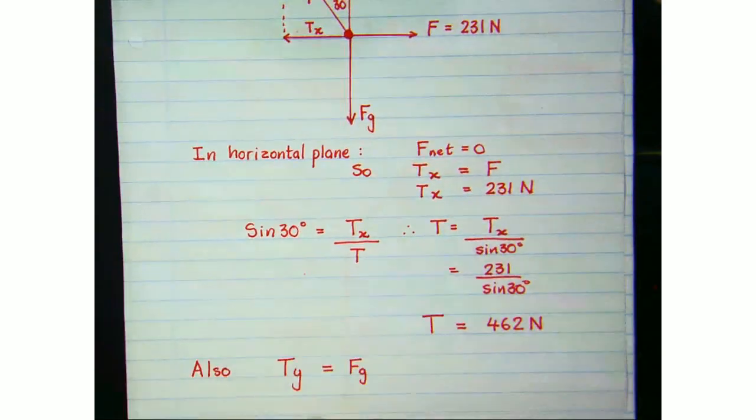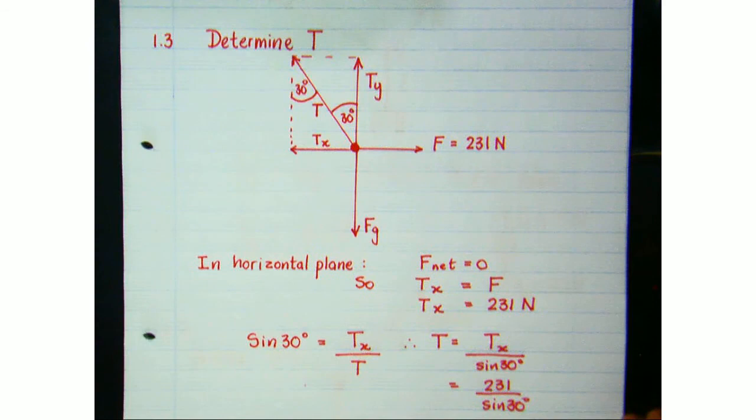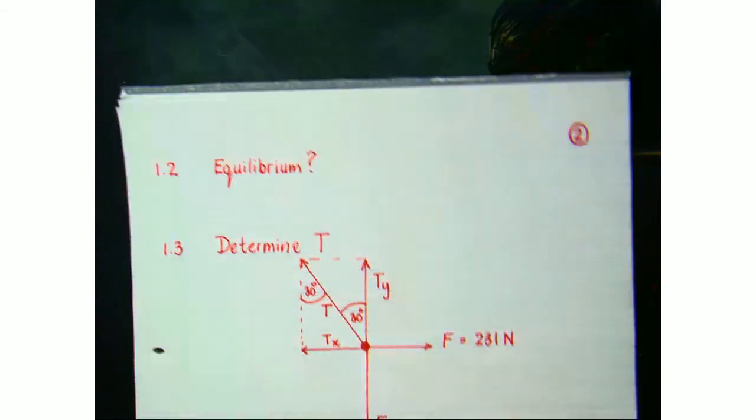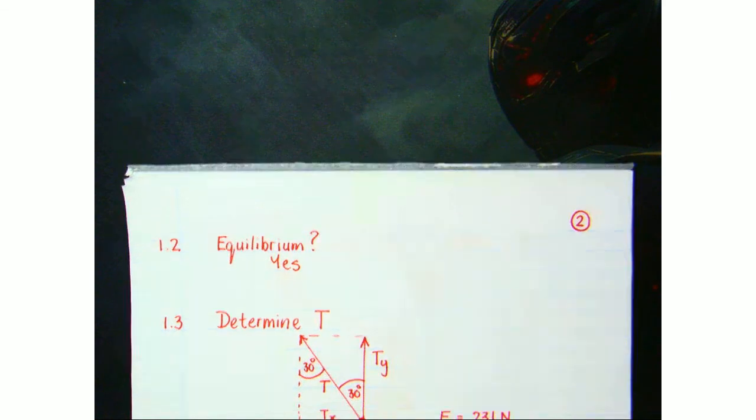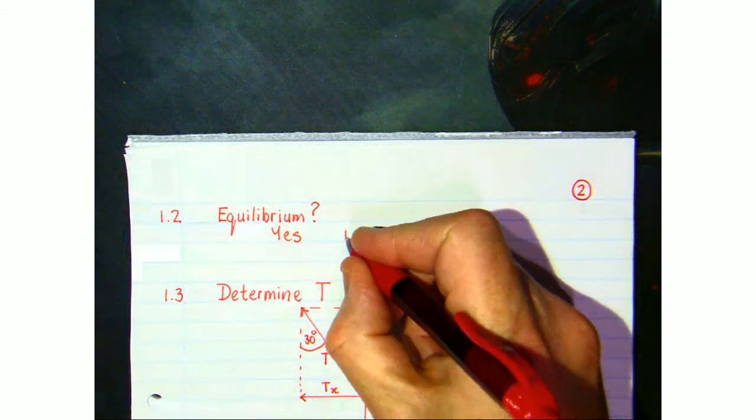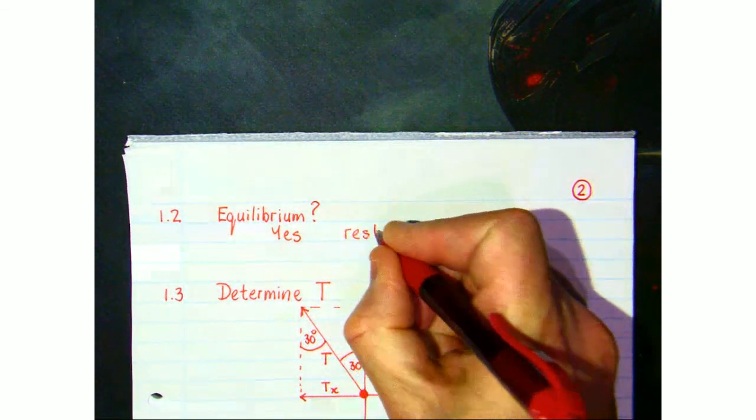The second question asks whether the mass is in equilibrium, whether the forces acting on the mass are in equilibrium. And the answer there would be yes. And then you need to explain, and your explanation would be to say that the object is at rest and remains at rest.